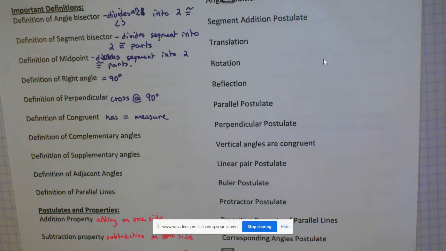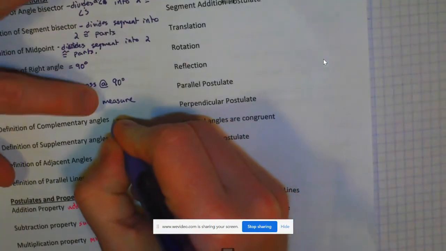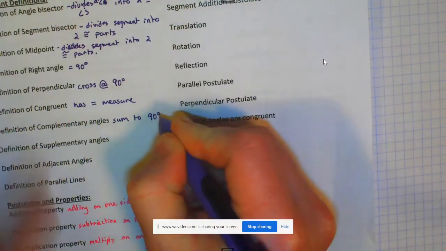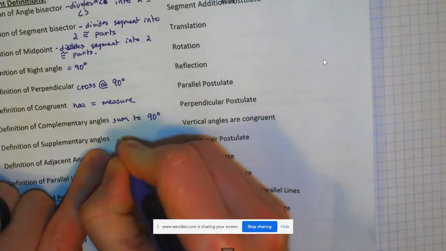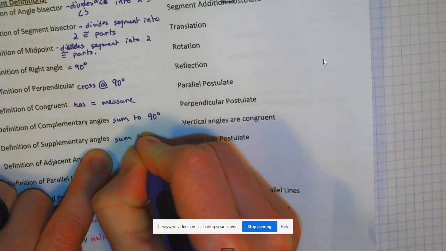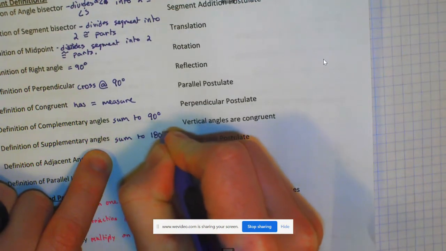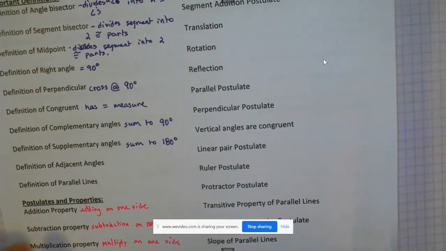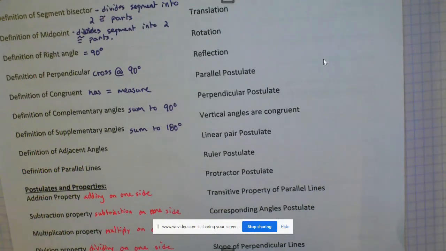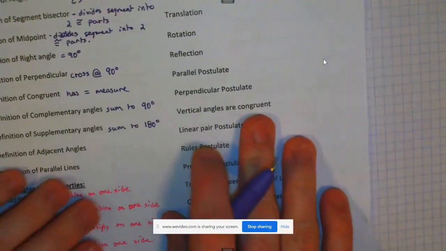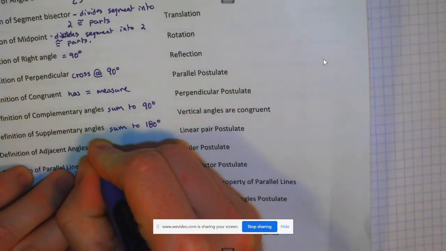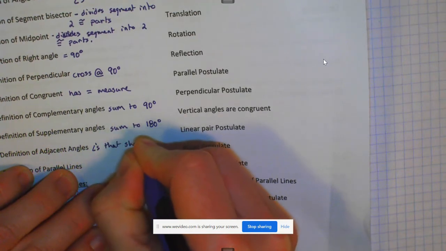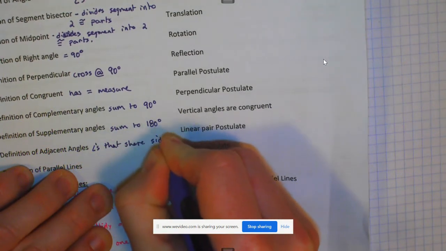Definition of complementary angles: sum to 90 degrees. Definition of supplementary angles: sum to 180 degrees. Definition of adjacent angles: angles that share a side.